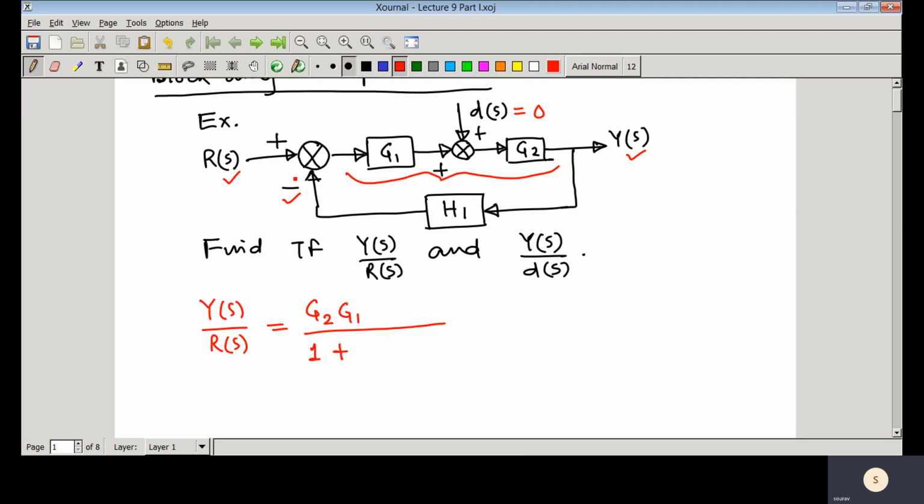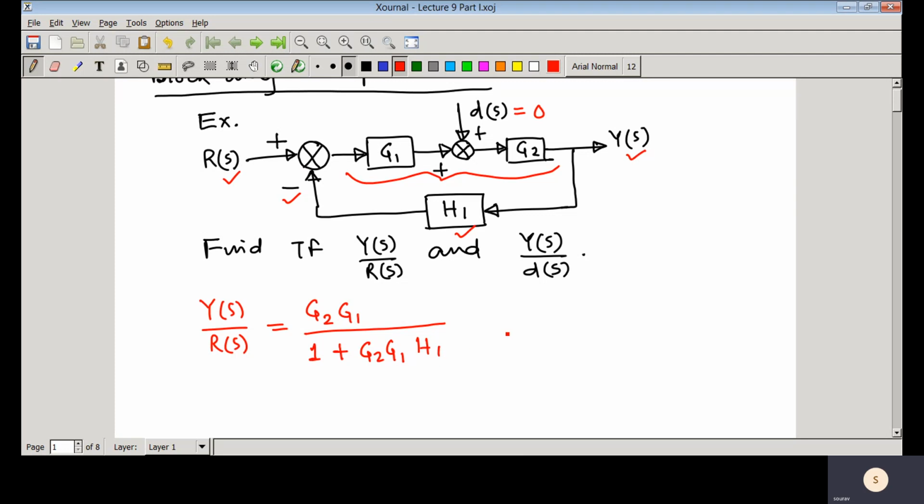In case of positive feedback, here it would be negative. So 1 plus the forward path transfer function G2 G1 and that feedback transfer function H1. So this is the transfer function.